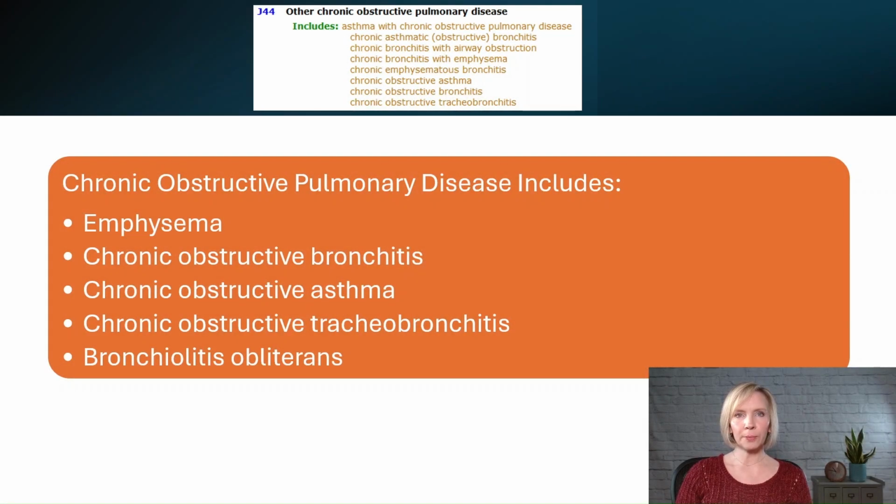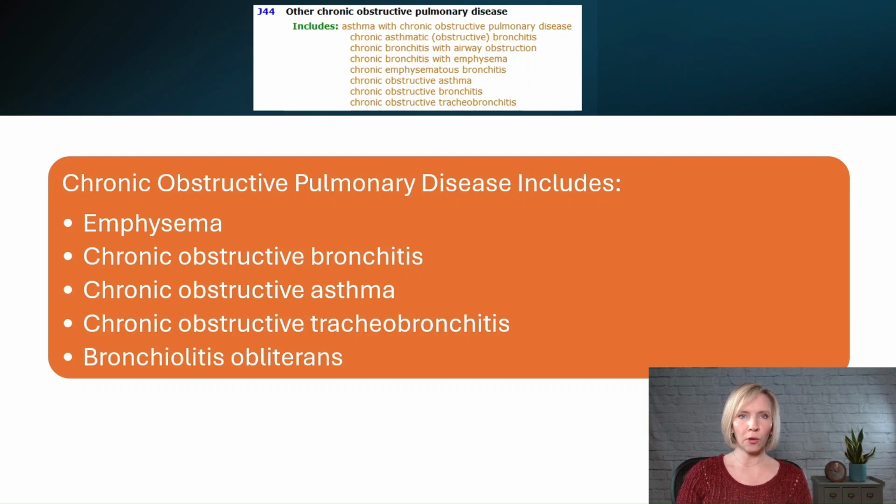There are several specific lung diseases that fall under the general term chronic obstructive pulmonary disease, with emphysema and chronic obstructive bronchitis being the most common. When the diagnosis is stated only as COPD, review the medical record to determine whether a more definitive diagnosis is documented.